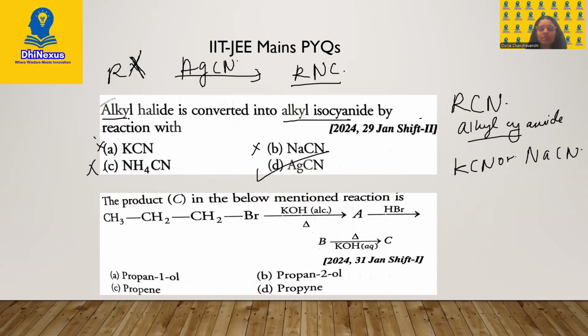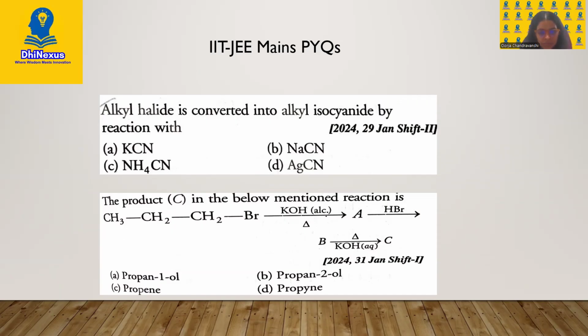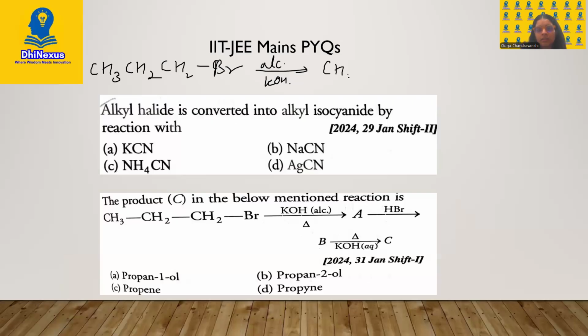The product C in the below mentioned reaction is this one. The reaction will be: first we'll get an A, then HBr, then this. So this may seem a little long, but it's very easy. If I'm reacting propyl bromide with alcoholic KOH, alcoholic KOH is going to give me an alkene.